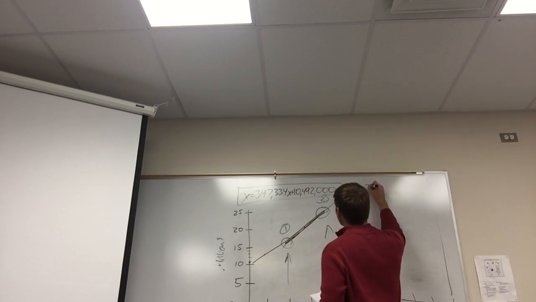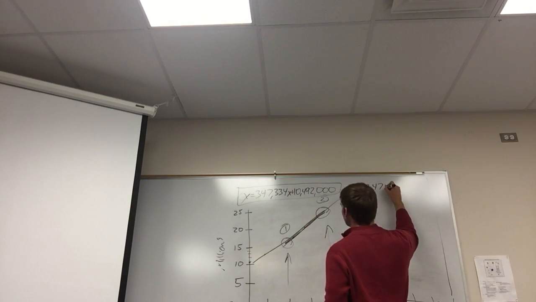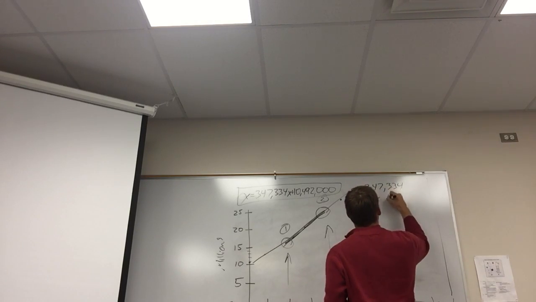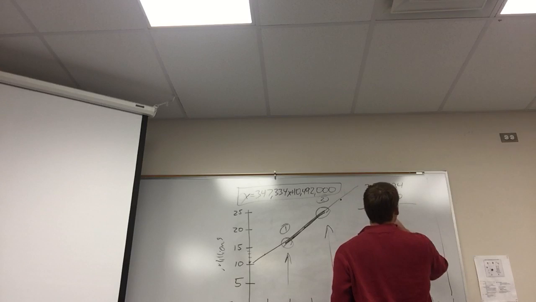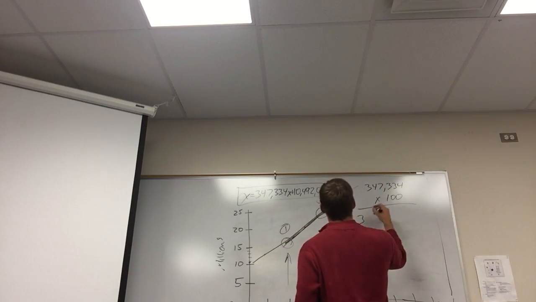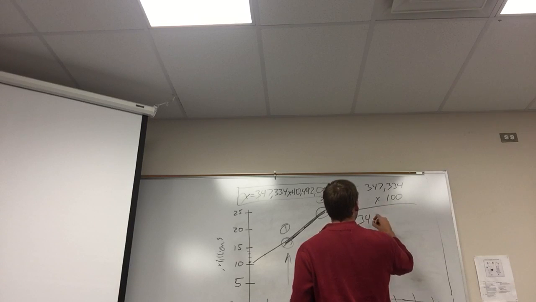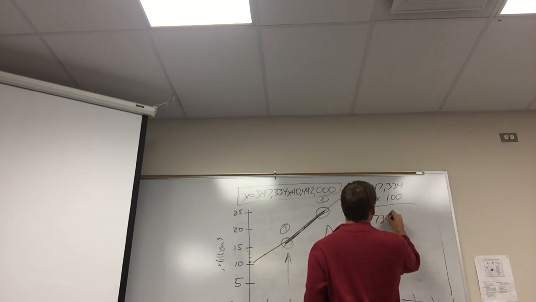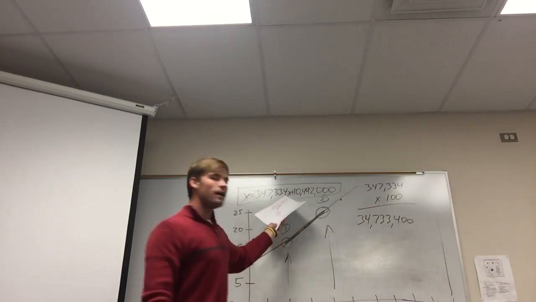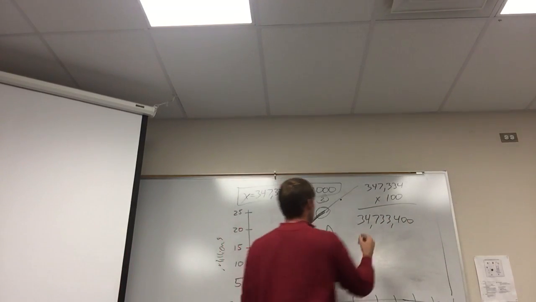So I'm going to get 347,334 times 100. All I have to do is add a couple zeros, right? So that's going to be 34,733,400.